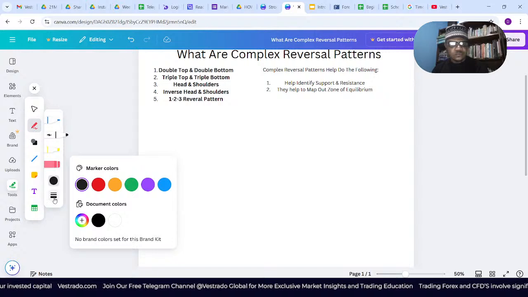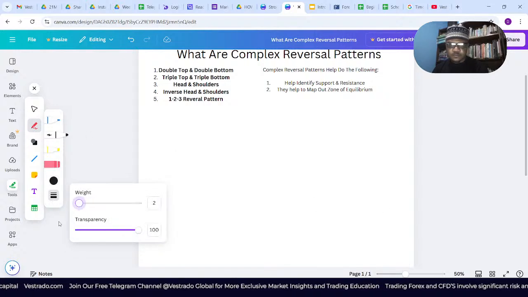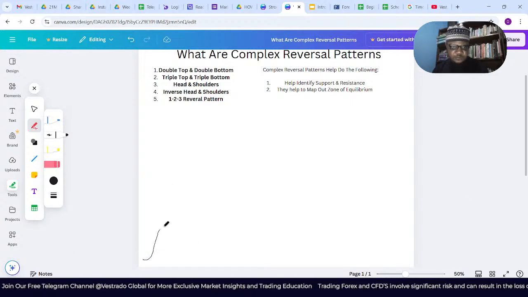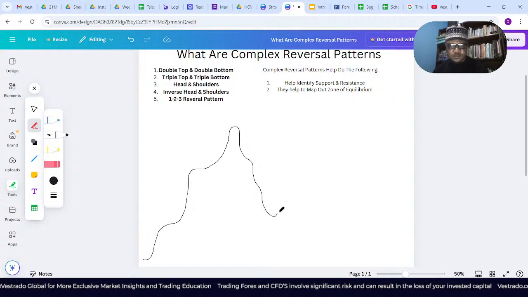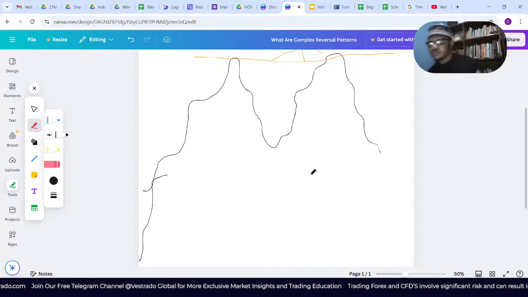Imagine price traveling all the way, hits a high, reverses, gets about the same high again, and then reverses. Now, of course, yes, I'm going to show you all this on the chart.